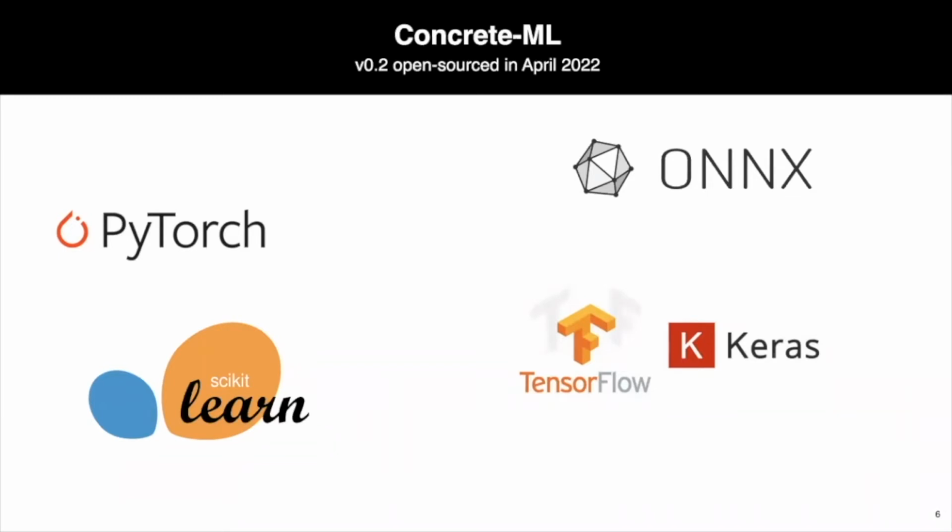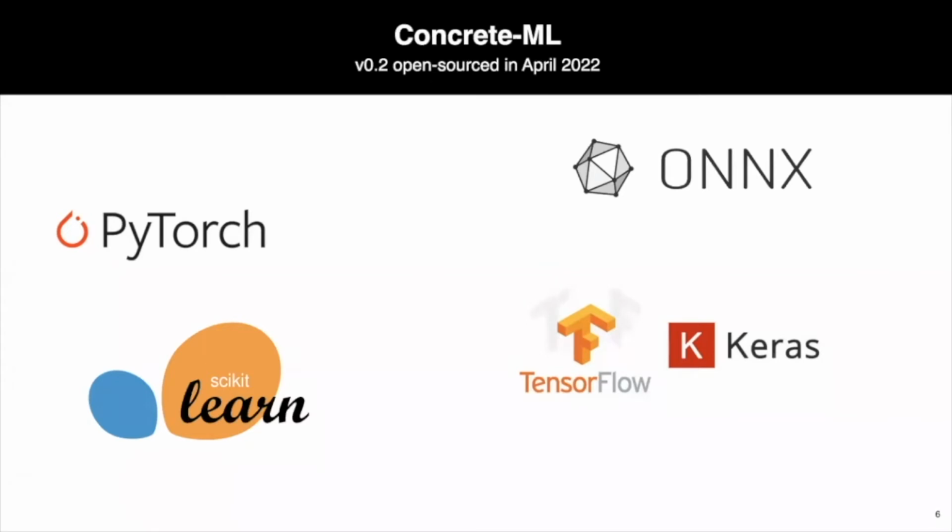So it's really great to be able to support ONNX. And since we are going to support ONNX, we will also be able to support TensorFlow or Keras, because you can convert TensorFlow to ONNX and then follow the regular path for ONNX.